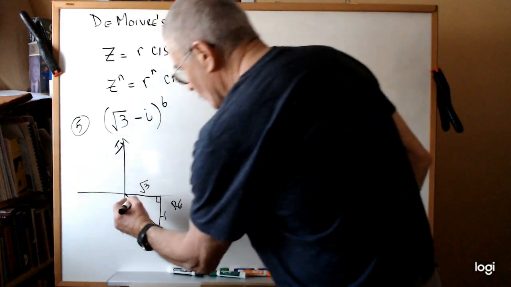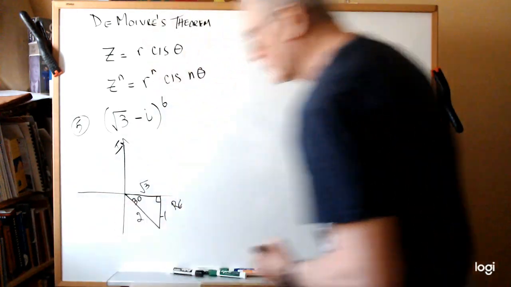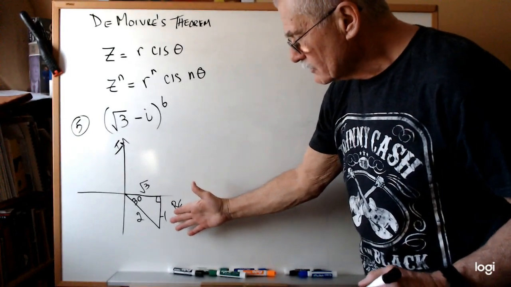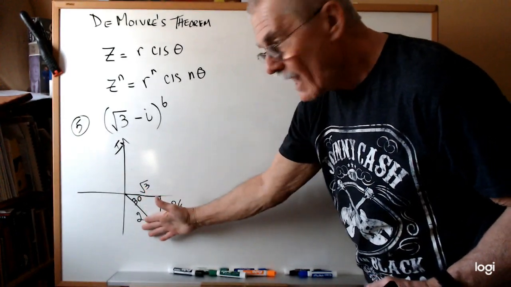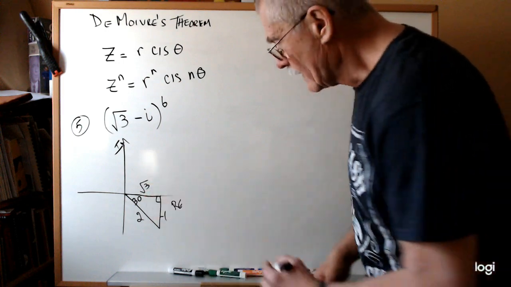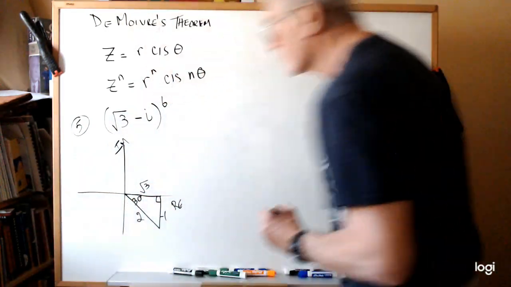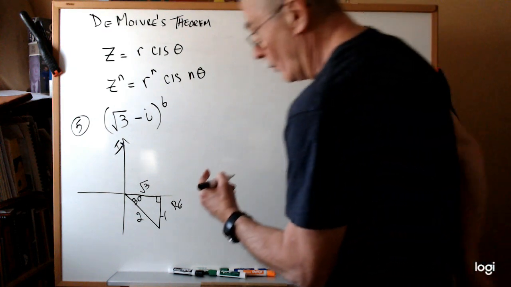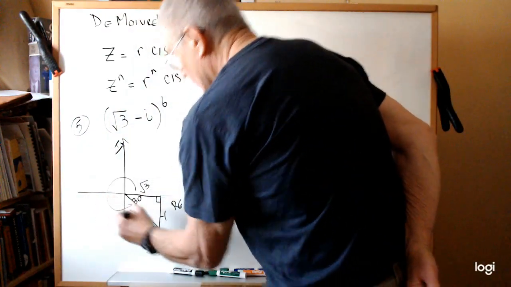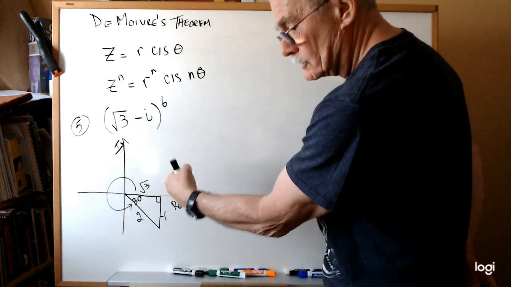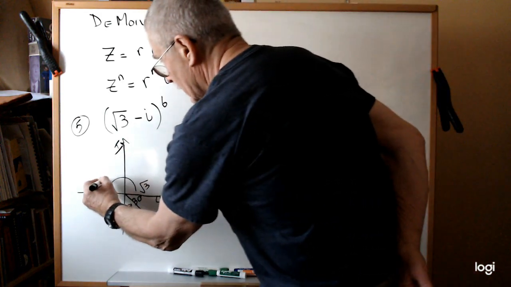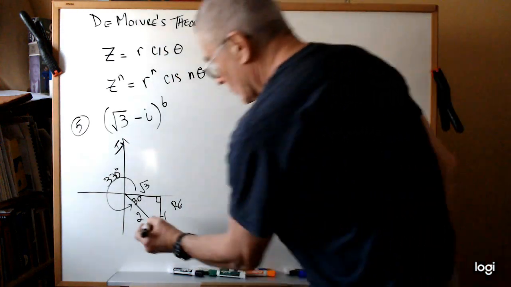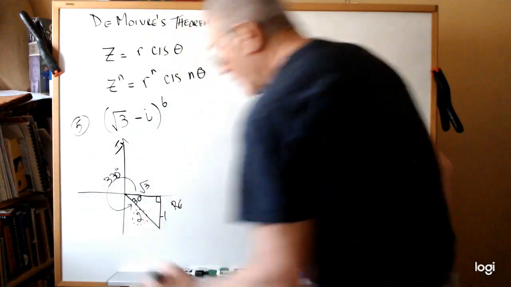So we're back to our world of 30, 60, 90, because in a 30, 60, 90, the side opposite the 30 is half the hypotenuse, and therefore this must be a radical 3. So everything is working out nicely. Since we are in quadrant 4, the angle is really 30 shy of a full rotation, so it would be 330 degrees.